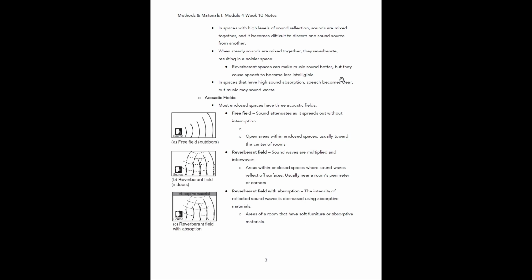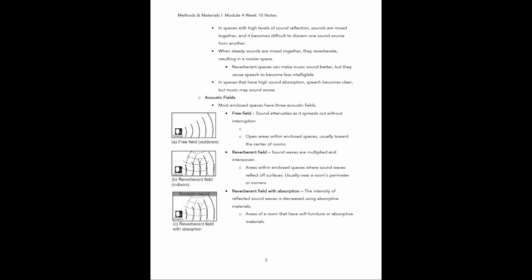In spaces with high levels of sound reflection, sounds are mixed together and it becomes more difficult to discern one sound source from another. When steady sounds are mixed together, they reverberate, resulting in a noisier space. Reverberation, a term that we talked about last week, is basically the persistence of sound.